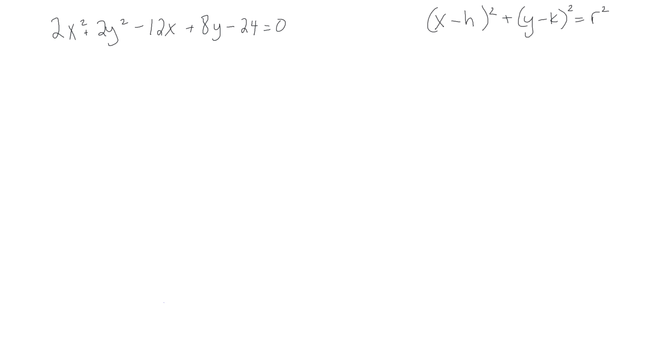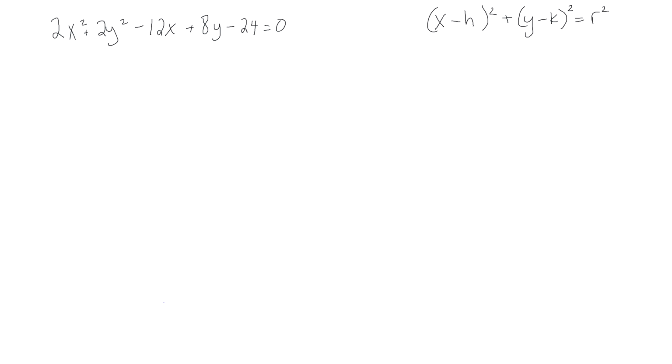There's no 2 in front of here. There's no 2x or 4x or anything like that. So I'm going to try to shrink it down in the beginning before I start to do anything, so that I get rid of the 2x squared and the 2y squared.